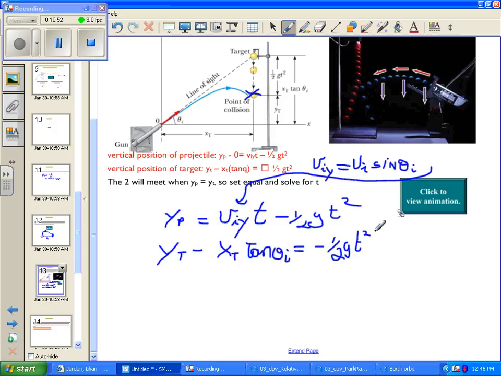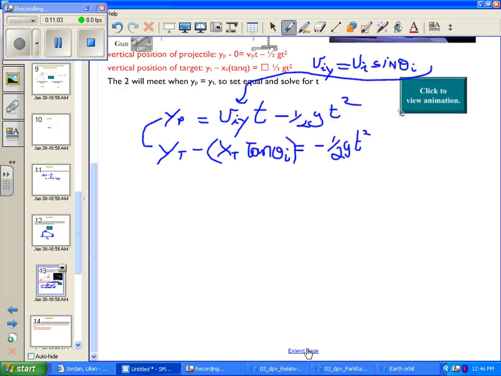In other words, he doesn't throw himself downward, he's released from rest. Okay, well, we have to set these two equal to one another if they are to meet at the same place.